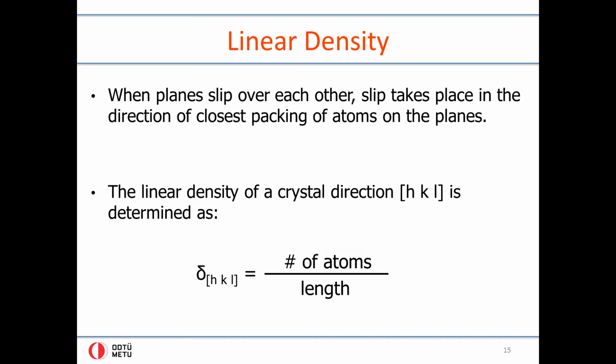So the linear density of a crystal direction that is shown with the square brackets, HKL being the general naming for the particular indices, is shown with this symbol, and it's described as the number of atoms per length. Notice that this is the same as density in real life, or in larger life, where you have mass divided by volume. Here it's one-dimensional, so in the denominator you have length, and in the numerator you have number of atoms.